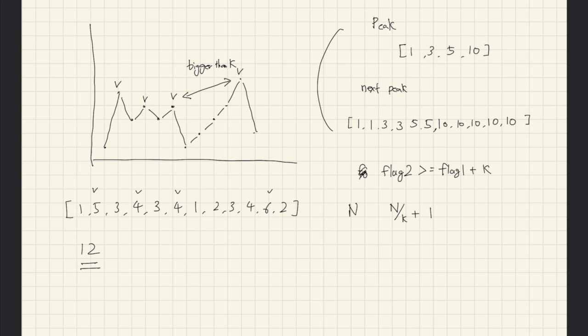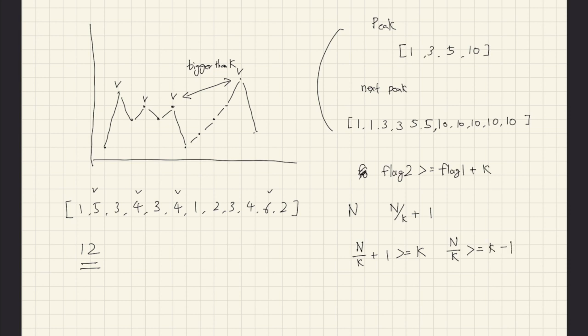And this means n divided by k plus 1 should be equal to or bigger than k. And change it to n by 2k will be equal to or bigger than k minus 1.